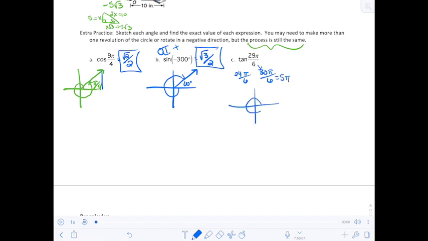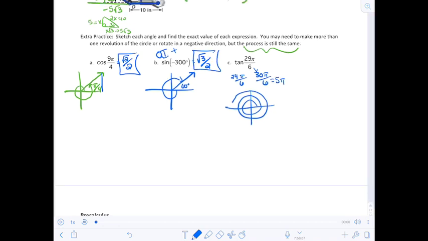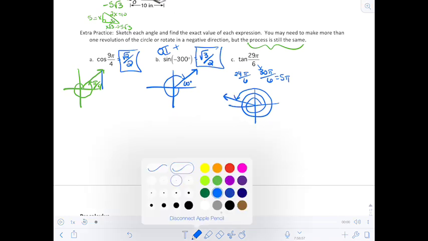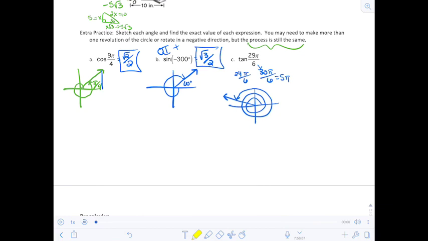All right, look at this. So 1 pi, 2 pi, 3 pi, 4 pi, 5 pi would be 30 pi over 6, but I didn't get all the way to 30 pi over 6. I only got to 29 pi over 6. This puts me in the second quadrant. So watch that again. 29 pi over 6. If I want an integer of pi, the closest is 30 pi over 6, which is 5 pi.